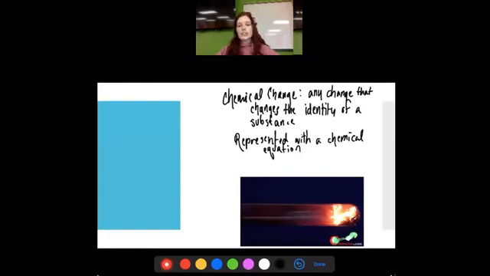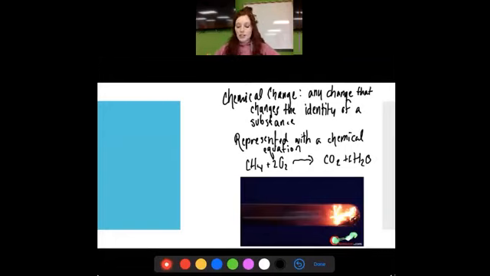Okay, so an example of what a chemical equation looks like, and again, we're going to talk about this more in the future, I just kind of want to show you what it is, would be if you had methane and you were burning it in oxygen. After you burn it, what you have afterwards is carbon dioxide and water. And this does need to be balanced, but again, we'll talk about that in the future.